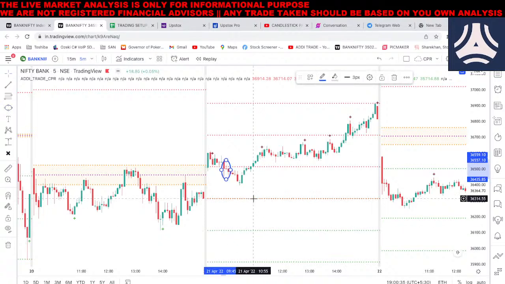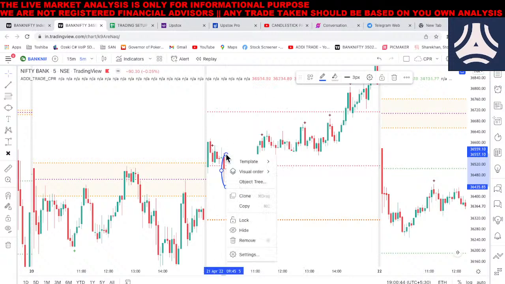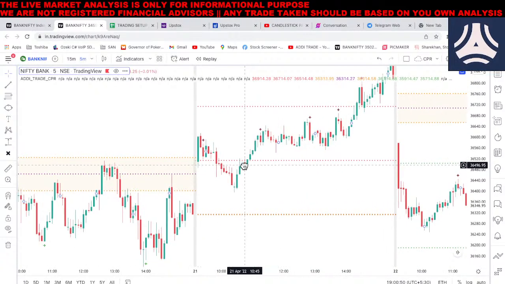See, this was a very narrow CPR, right? So thinking that we might hit CPR, I entered here, and my stop loss was R1, but I exited early with very little loss. I exited on this candle itself while it was forming. Why?